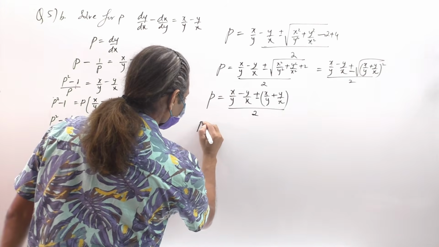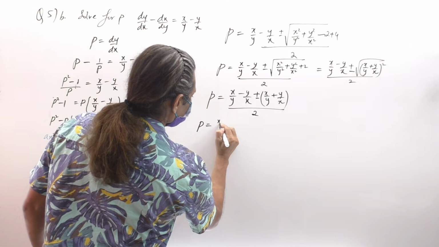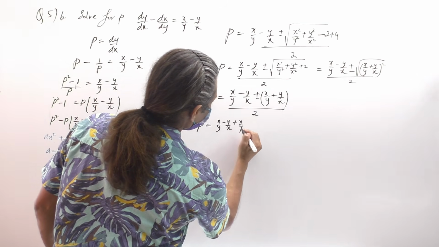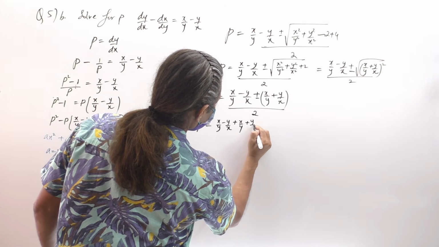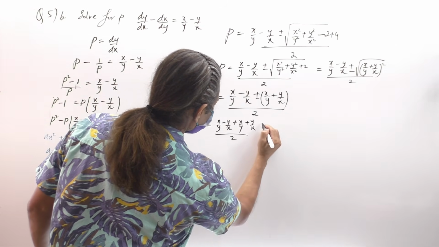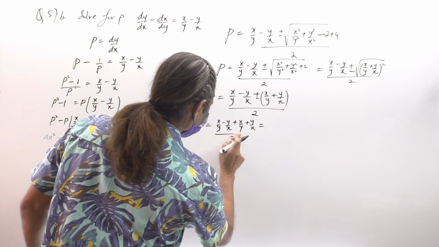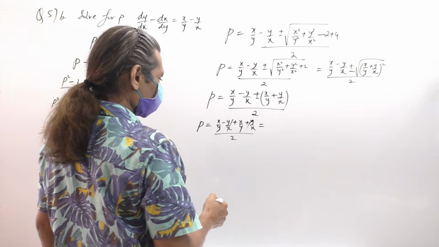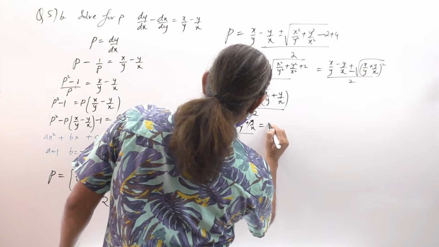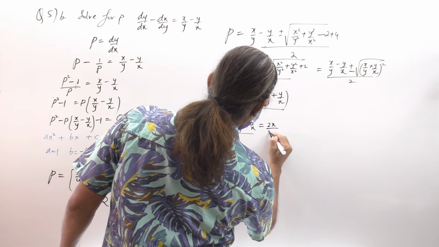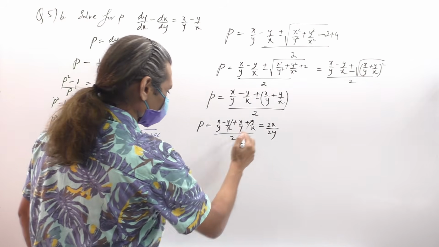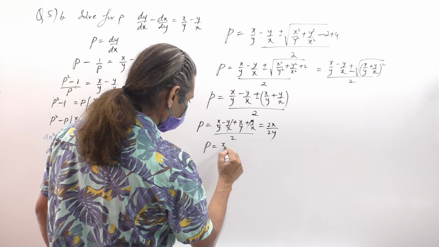Therefore, one value of P is x by y minus y by x plus x by y plus y by x upon 2. So this and this cancels, 2x by y, 2 cancels, so one is P is equal to x by y.